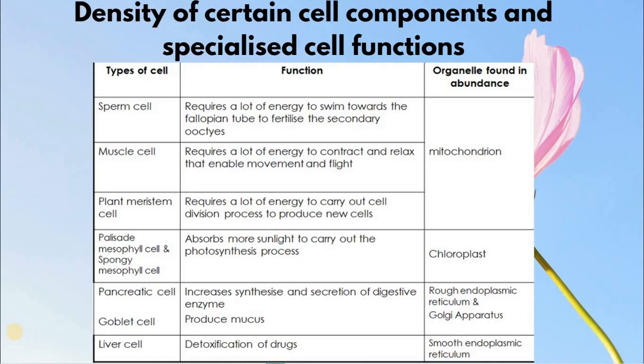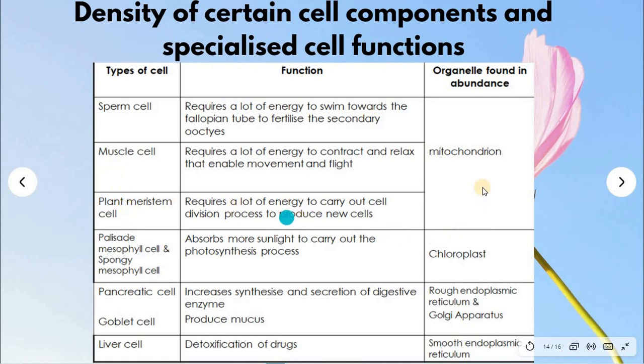Okay, next we are going to look at the density of certain cell components and specialized cell function. It means the density of certain organelles in relation to the function of the cell. For example, take a look at this: sperm cell, muscle cell, and plant meristem cells.